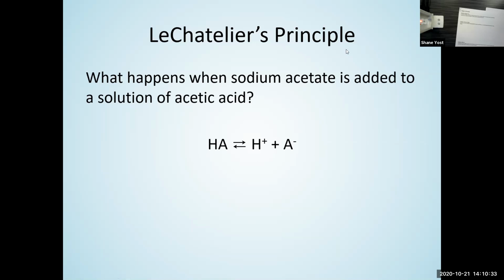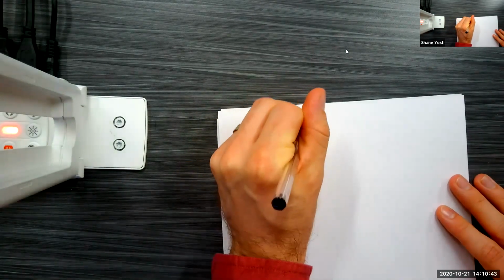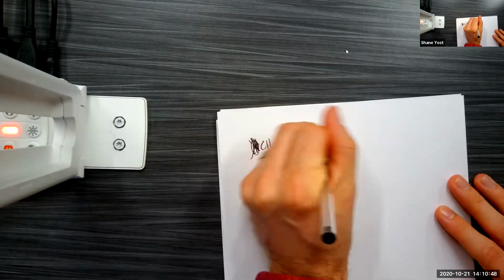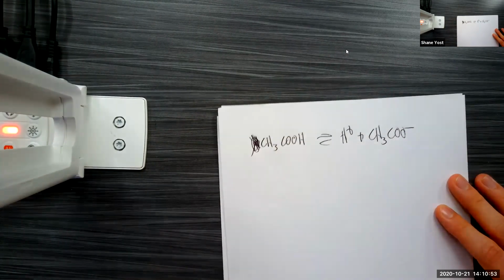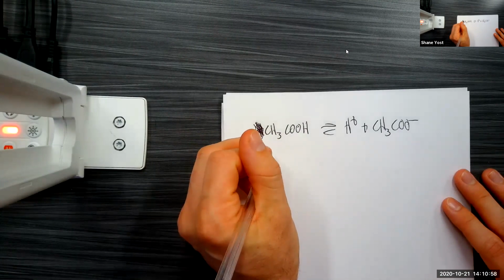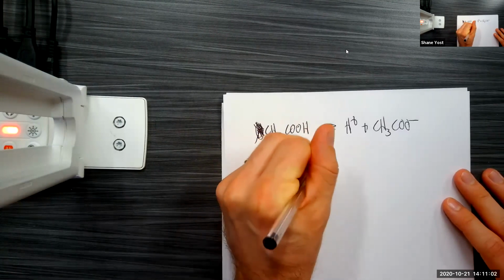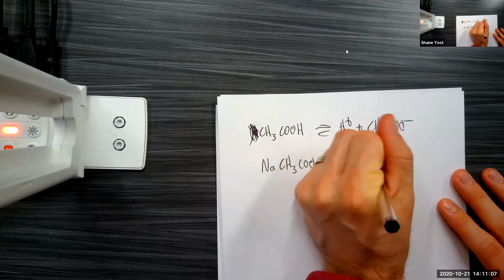If I were to write out the actual formulas, you'd write this as CH3COOH going to H plus and CH3COO minus. And then sodium acetate is NaCH3COO, which dissolves completely in solution to form sodium ions plus acetate ions.